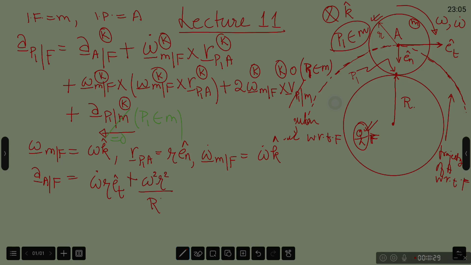Indeed it is a known quantity, and thus everything on the right hand side of this equation 1 is known, and thus we can find AP1F. If all these quantities are plugged into equation number 1, one will arrive at the following expression for AP1F.